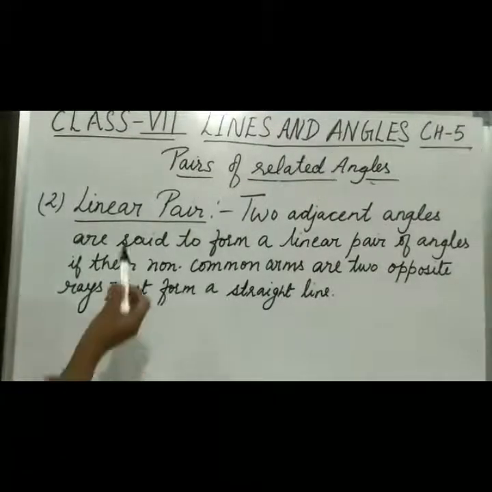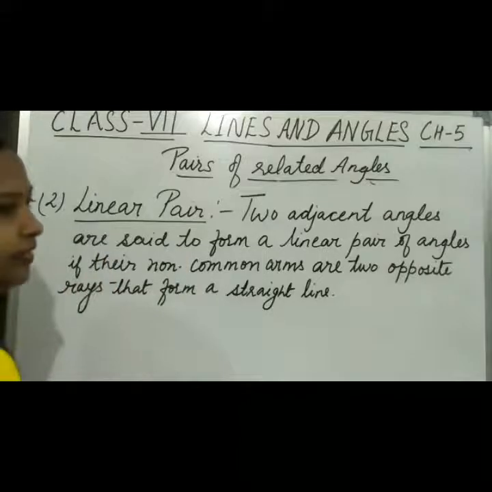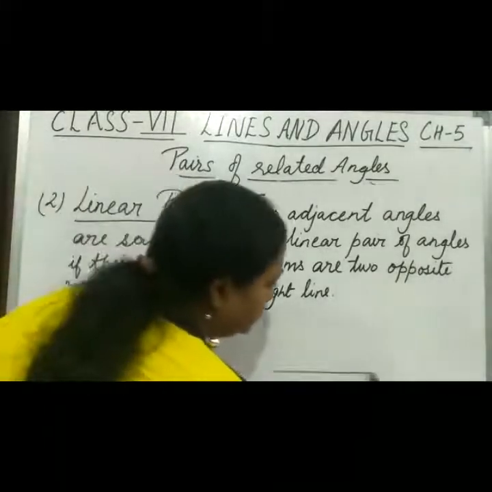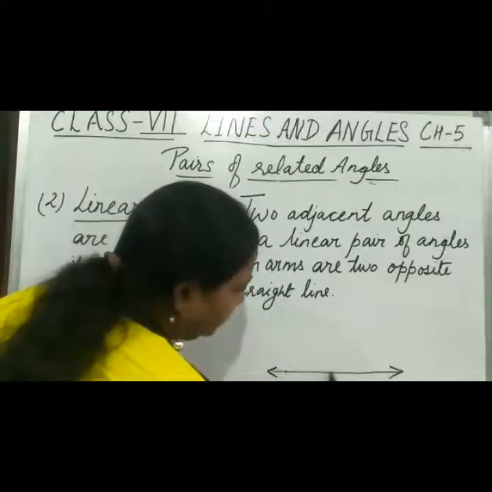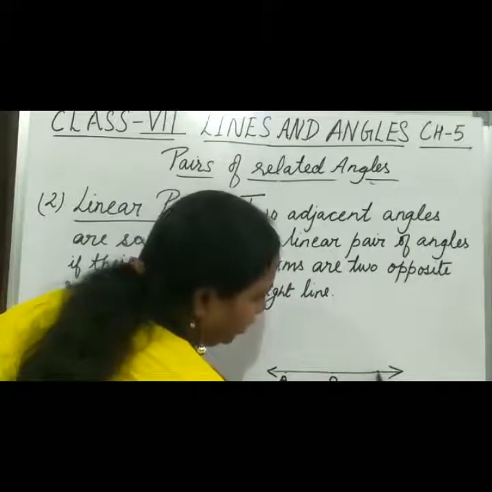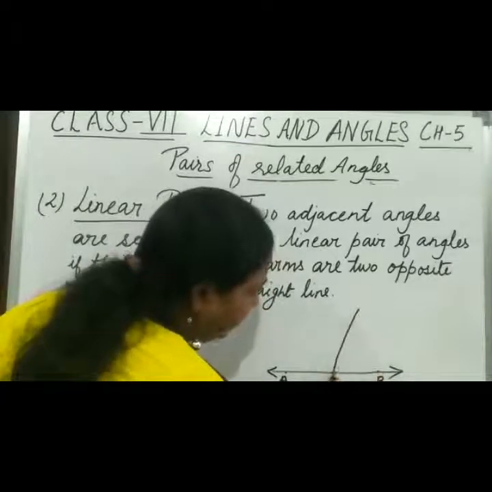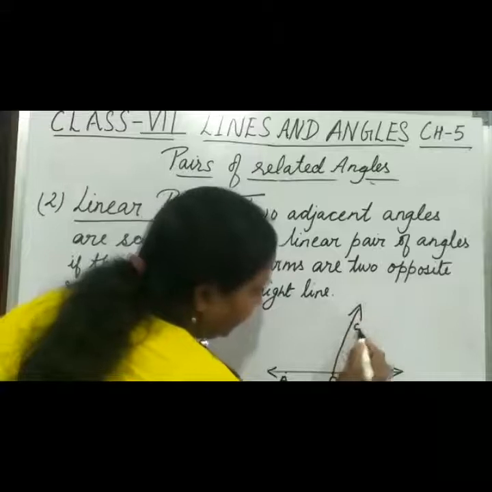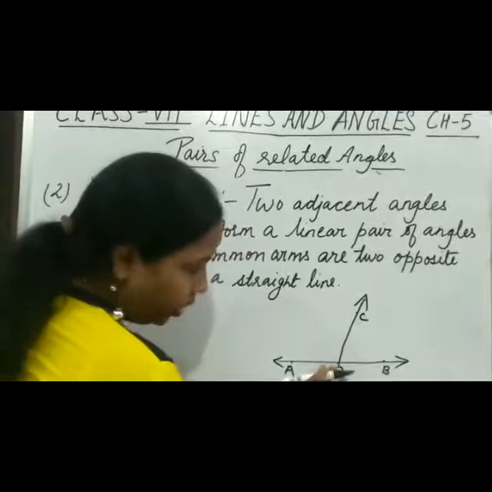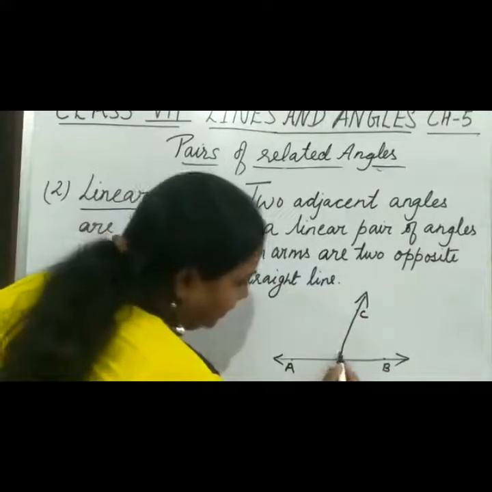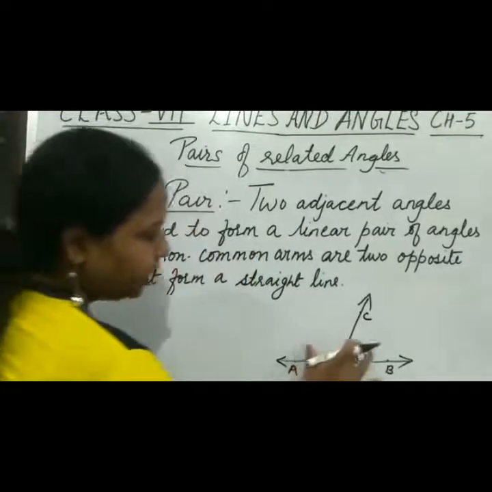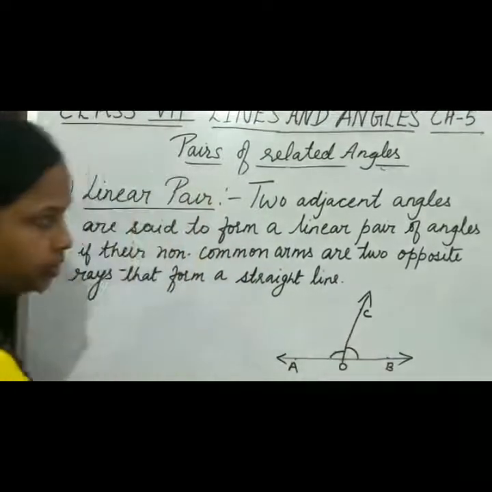Now, our next topic is linear pair of angles. You already know what are adjacent angles. See this figure, everyone. This is ray OA, this is ray OB, and this is ray OC. Now all the three rays meet each other at a common point, vertex O. This is a common arm, and this angle is next to this angle, and this one is next to this angle. So that means these two are adjacent to each other.